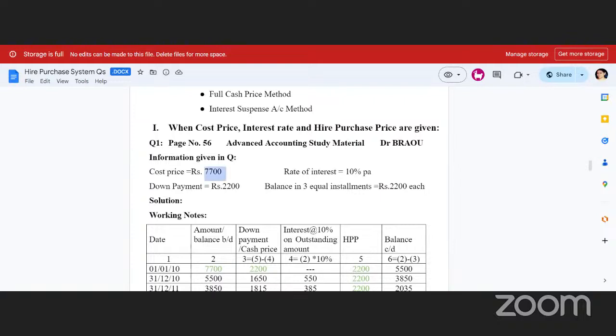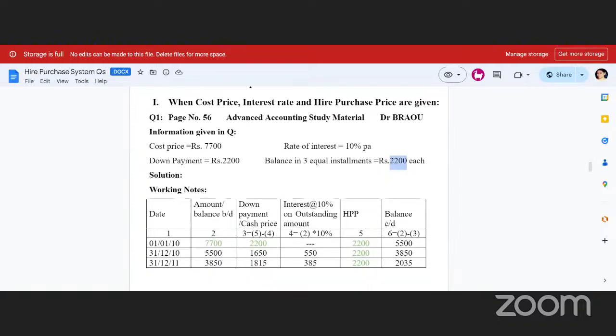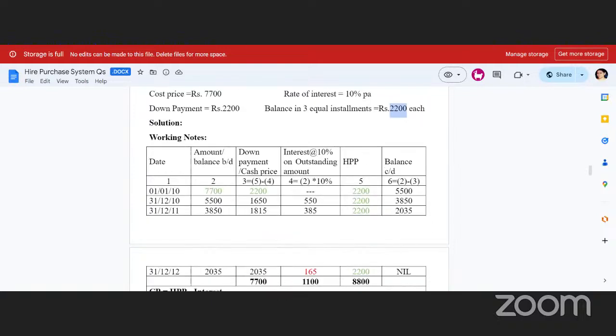7,700 cost price. He paid 2,200 initial. So balance is how much? 5,500. Very good. But he is paying 2,200 each month for 3 times. Total 3 installments, 2,200 each.